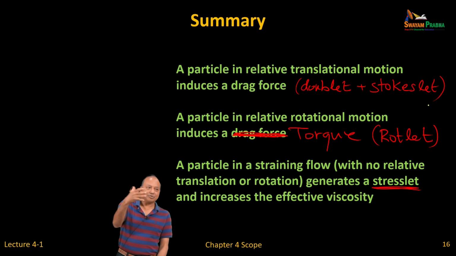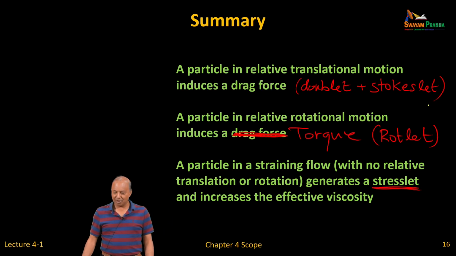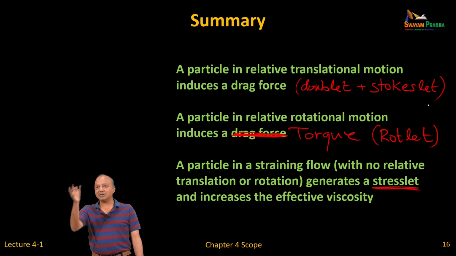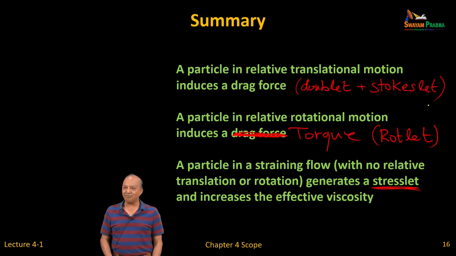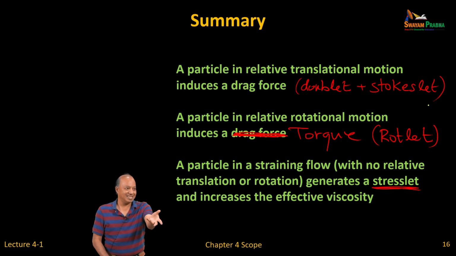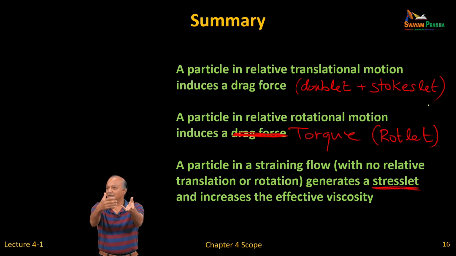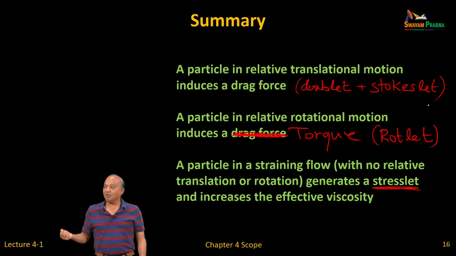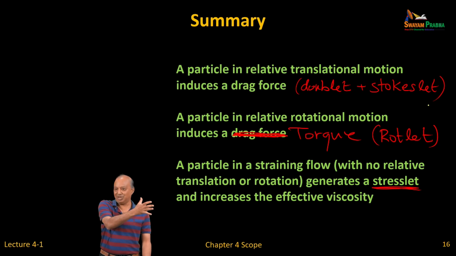So this exactly summarizes what I've said before. When a particle is subjected to a relative velocity, you have a doublet and a Stokeslet and there is a drag force. When a particle is subjected to a rotating motion, if you are inside a vortex, then the particle will tend to get a torque and it will also try to spin. In all these cases you can see that the particle is being forced to follow what the fluid does. If you subject the particle to a uniform flow, there is a drag wanting the particle to move fast, and there is a time scale, tau p, that tells how fast it will catch up.